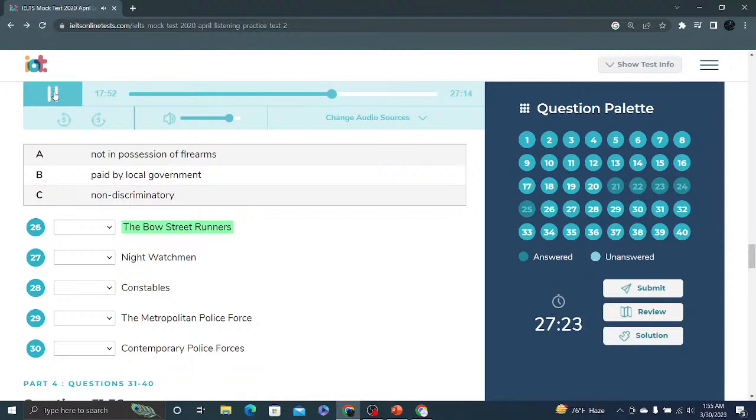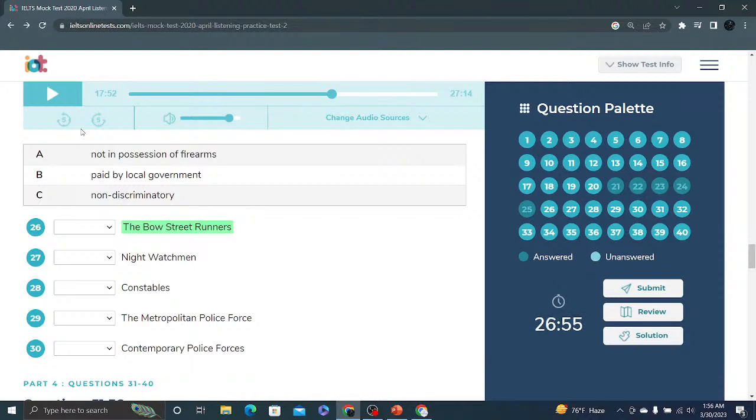Okay, so she was saying he formed a force armed with pistols known as the Bow Street Runners in 1749, answerable to and paid by a magistrate's office.